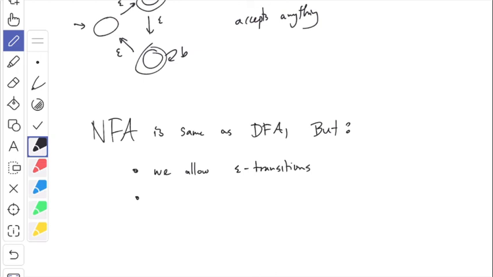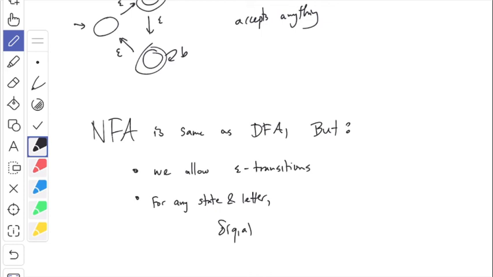We allow epsilon transitions, and for any state and letter, delta of Q comma A, this is the transition. In a DFA, this equals a particular state. But in an NFA, it could equal many states, because there could be several outgoing arrows. Or it could equal no states at all.